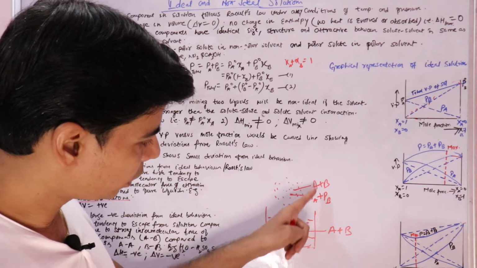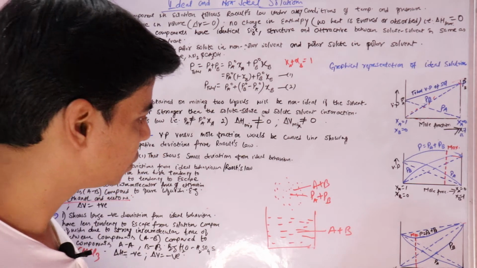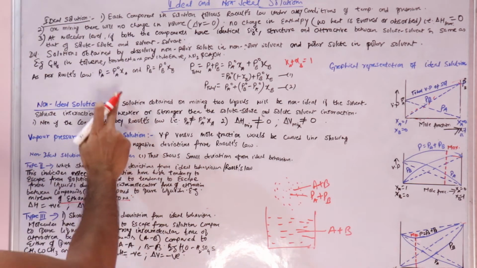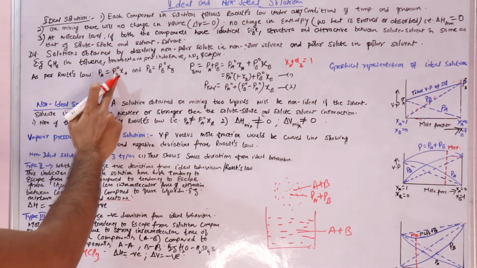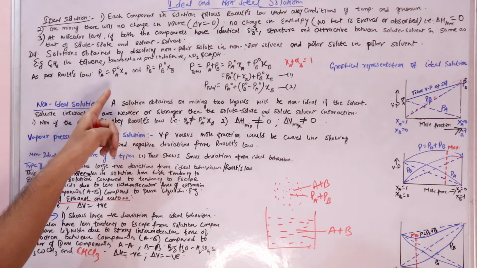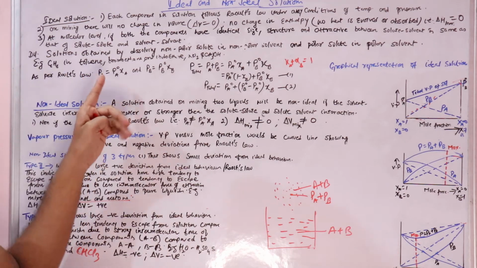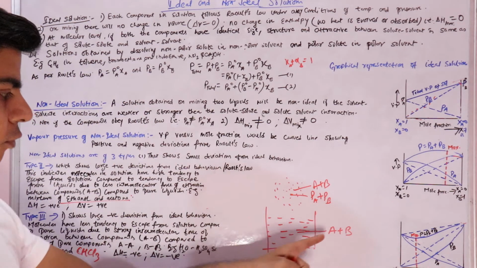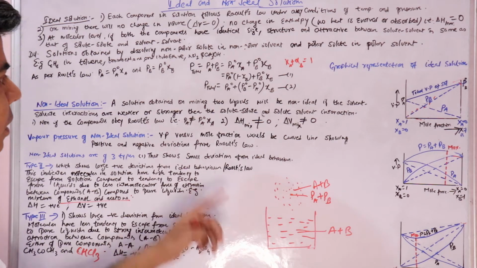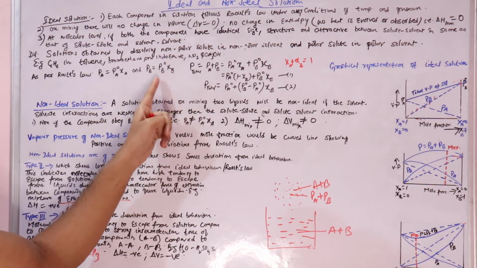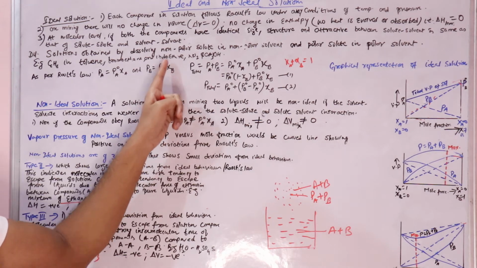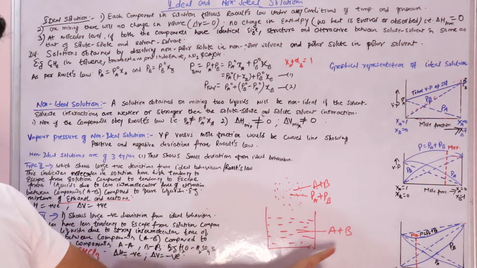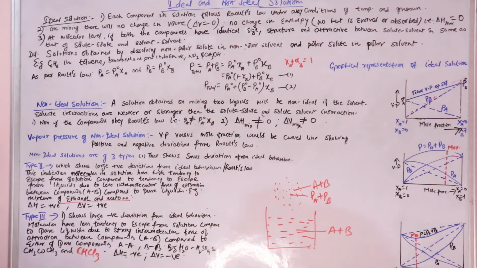What is PA and what is PB as per Raoult's law? We know that PA is PA0 XA, where PA0 is the vapor pressure of pure liquid A, and XA is the mole fraction of A in this solution. Similarly PB is PB0 XB, and XB is the mole fraction of B in this solution.